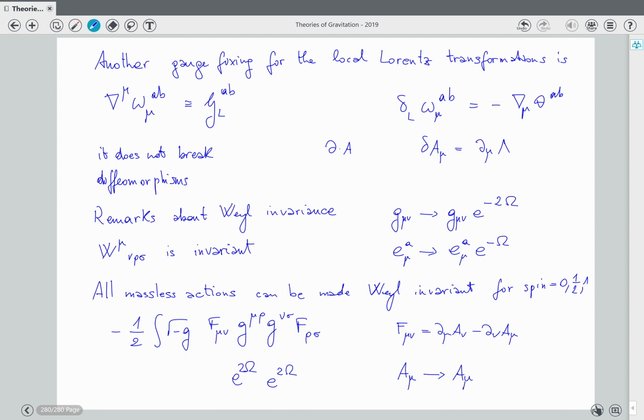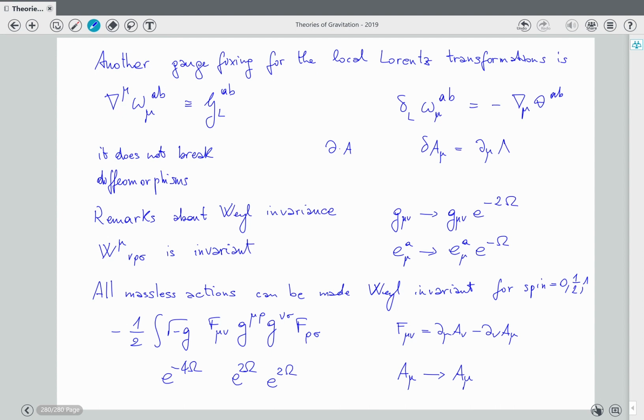The determinant of G is 4 times this, so e to the minus 8 omega. So the square root of g takes a factor e to the minus 4 omega. So that's invariant. In 4 dimensions only. That's a property of electromagnetic interactions, 4 dimensions.